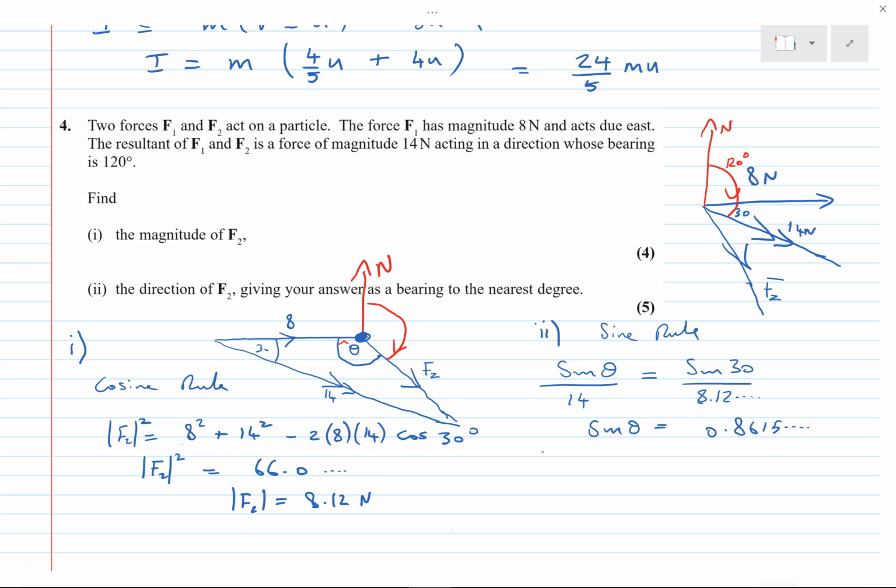But we've got to be careful because this is one of the cases of the ambiguous case, because the angle that we're looking for is definitely obtuse, otherwise you wouldn't be able to draw this triangle with an 8. You can check afterwards if you like, but you wouldn't be able to draw a triangle if you used the acute angle. So the actual angle we want is 180 take away the number that you get from the arc sine of that.